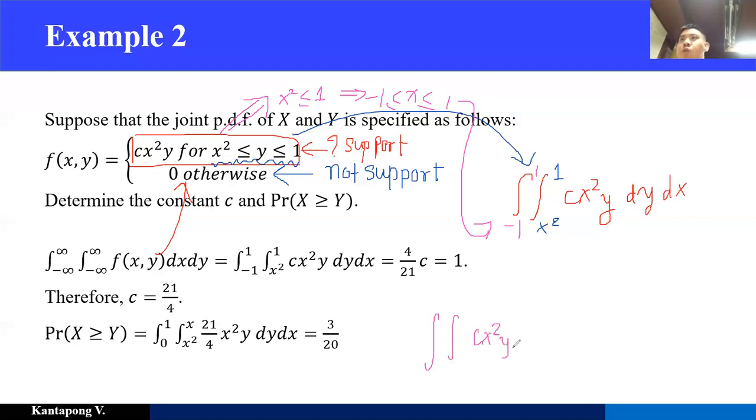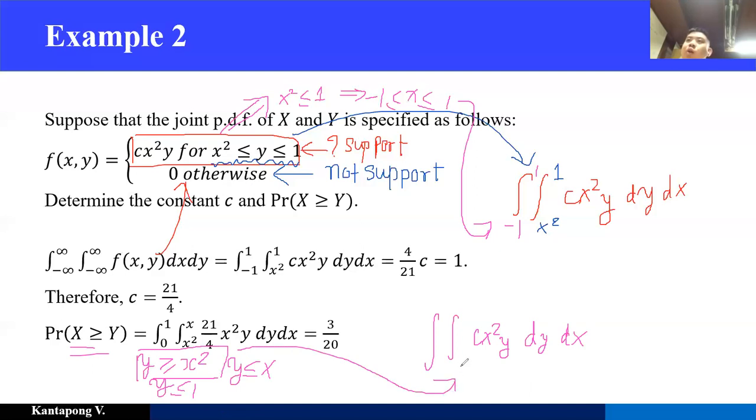Let's say y. We know that y is greater than or equal to x squared, y is less than or equal to 1, and y is less than or equal to x. So this one is the lower bound, and this one is the upper bound.